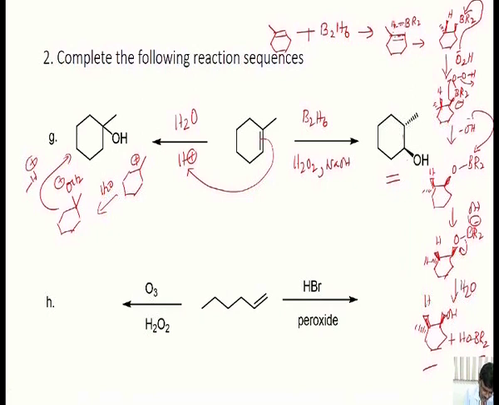Now let us look at the next example. Ozonolysis of this alkene in the presence of hydrogen peroxide. As we have seen, alkene can be converted into carbonyl compound by ozonolysis.